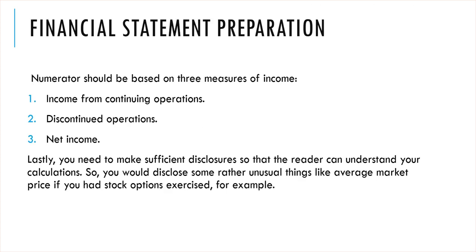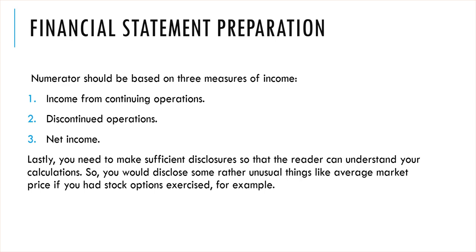Now, for our financial statement, when we do earnings per share, the net income number in our calculation, the numerator, remember it's net income minus preferred dividends, and on the denominator, you're using weighted average shares. When you do that calculation, in addition to net income, you need to put in there income from continuing operations minus preferred dividends.